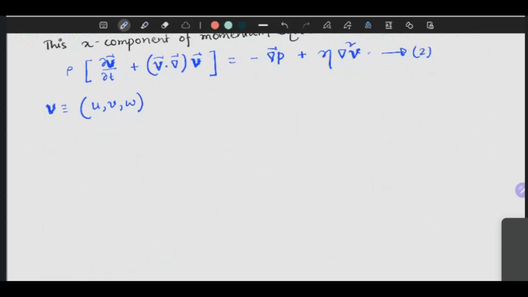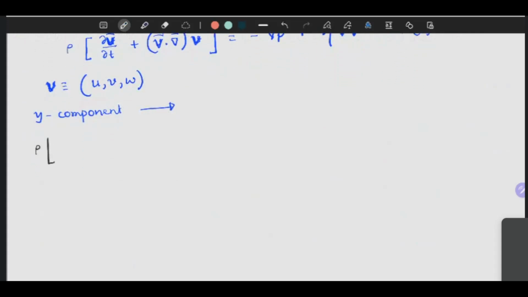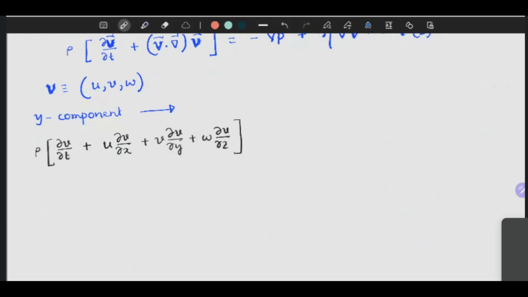What will be the y component? So the y component of the momentum equation will be rho, so V's y component is small v, (dv/dt plus u del v/del x plus v del v/del y plus w del v/del z).